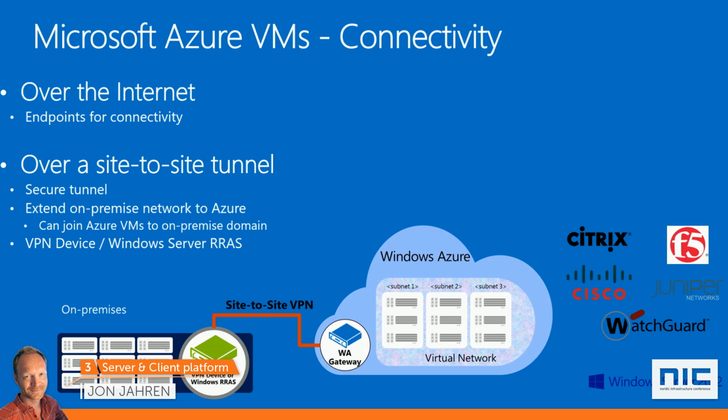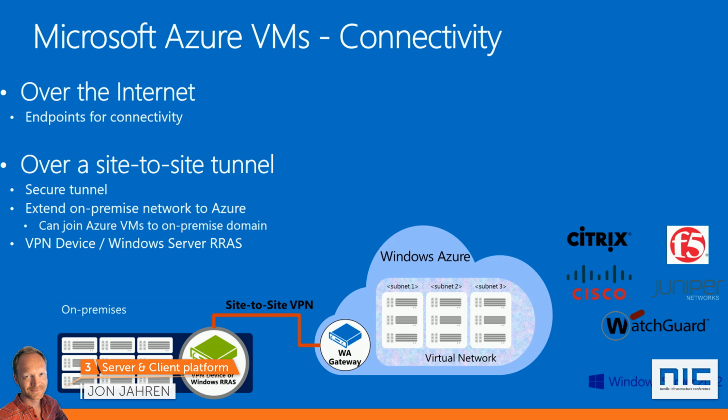These Azure VMs, by default, have an IP address that is exposed on the internet. We recommend using network ACLs to protect that at a higher level, or to use a VPN tunnel from your internal network to the Azure data center in order to extend your on-premises network securely to your Azure VMs.